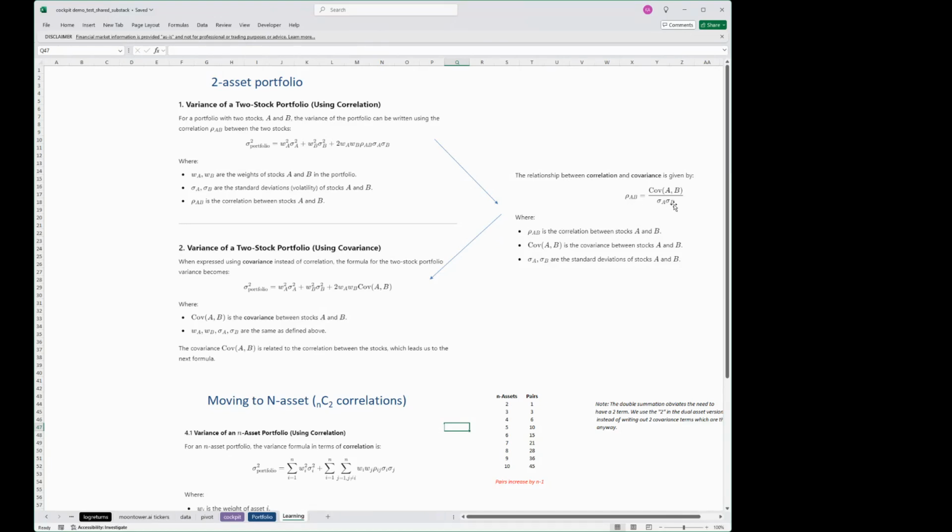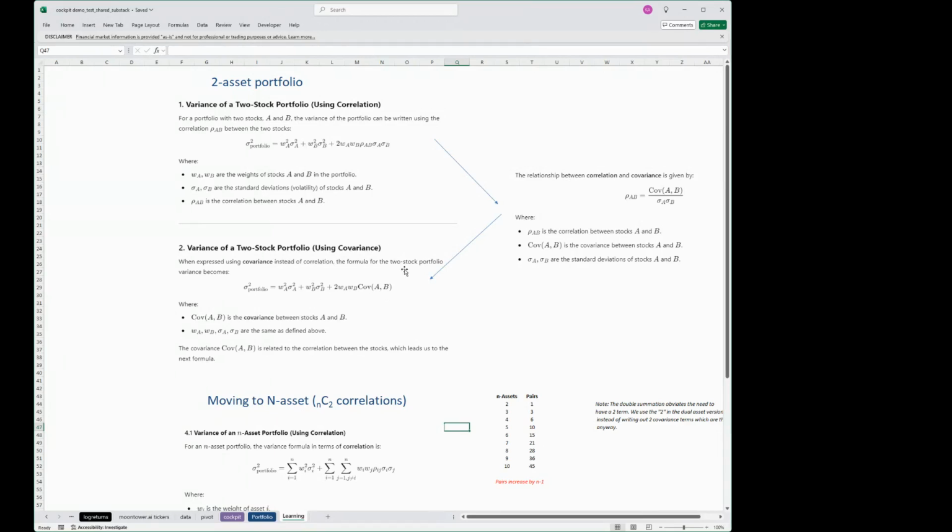So if we substitute this for correlation, the denominator, vol A, vol B, will cancel out with the vol A, vol B numbers here. Instead of the correlation number, you'll have a smaller expression that's just the covariance of A to B, and otherwise everything else is the same.